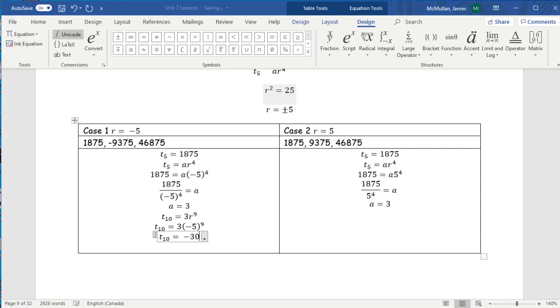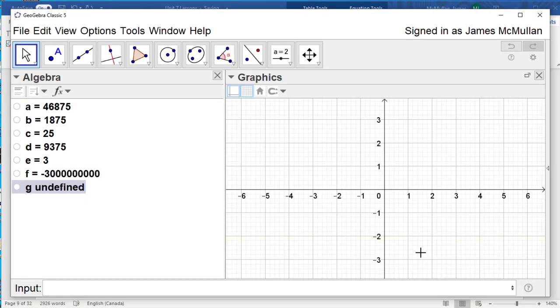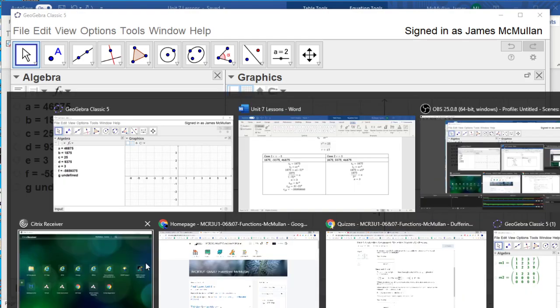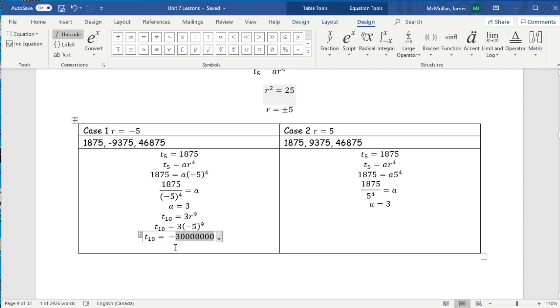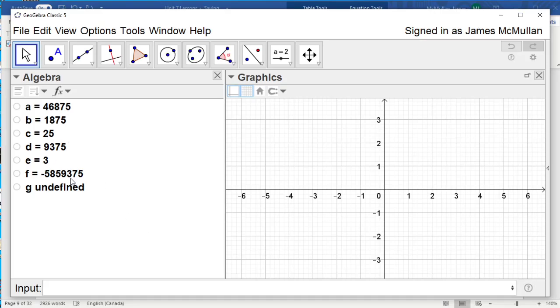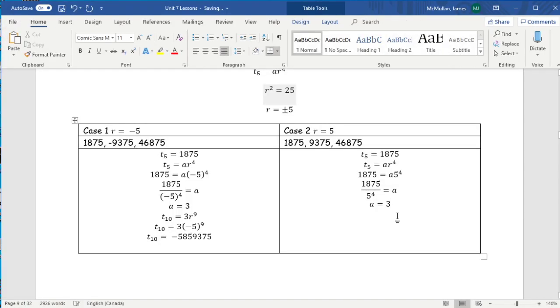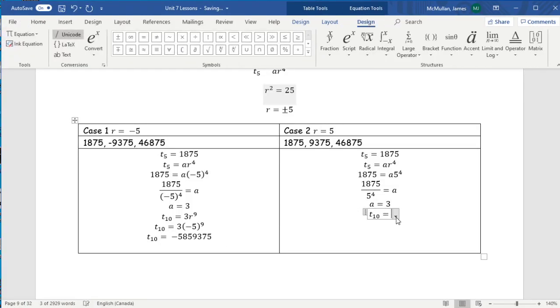Okay, so it could be negative. Is this right? Oh, I wrote the wrong thing. It's not negative 10. Okay, 585,9375. 585,9375, and it's negative. Now over here, of course, you would get the same thing, but it would be positive.